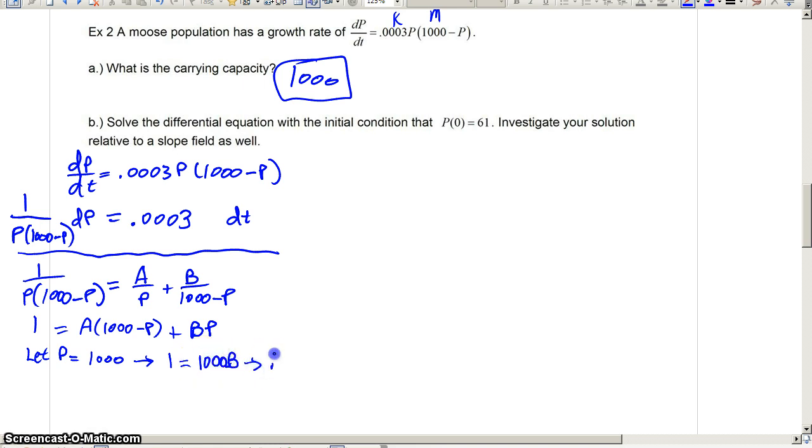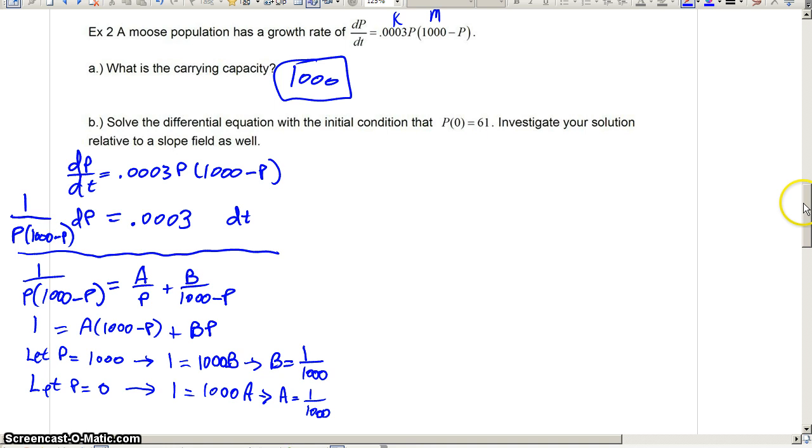So that means that B is equal to 1 over 1,000. We could also let P equal 0. And if P is equal to 0, well, here we get 1 is equal to 1,000A. And that's going to lead us to A is equal to 1 over 1,000.